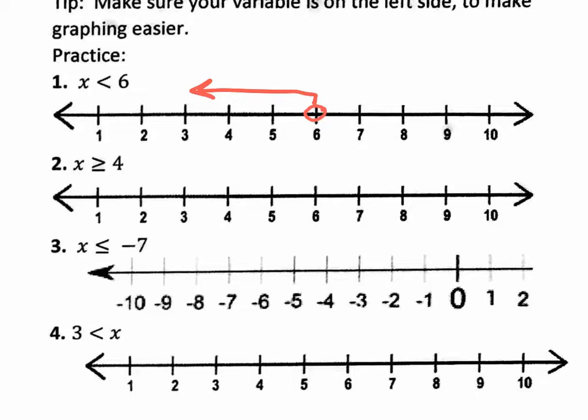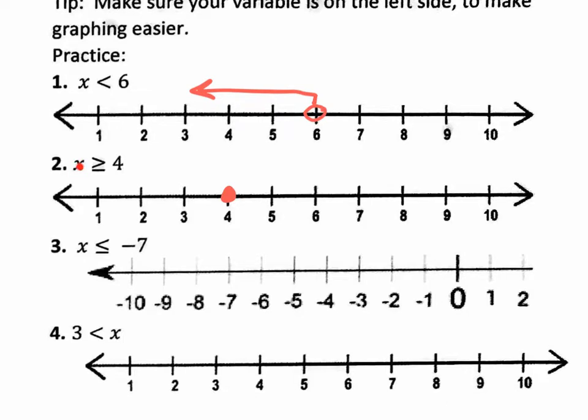Number 2. Is that going to be a solid dot or an open dot? Solid dot. Okay, so let's put a solid dot at 4. And is this going to be going to the left or to the right? Or even before that, let me ask you this: which one's bigger, the X or the 4?